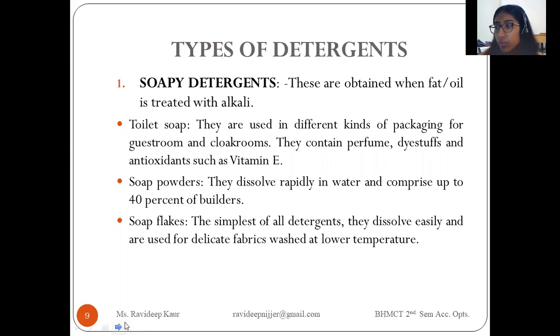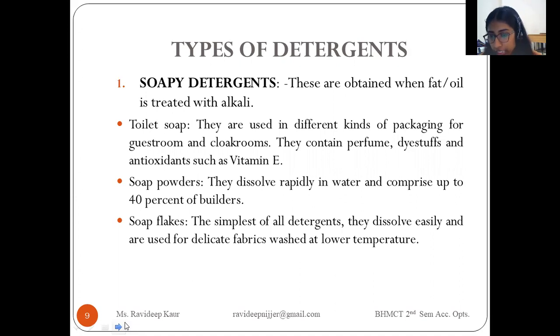First we have toilet soap, which comes in very different packaging, and these are placed in guest rooms as well as in cloakrooms.